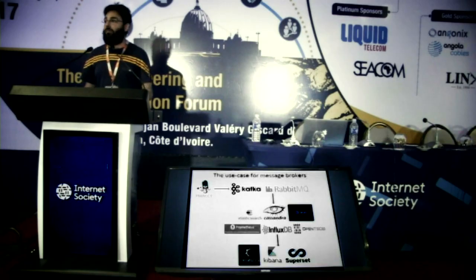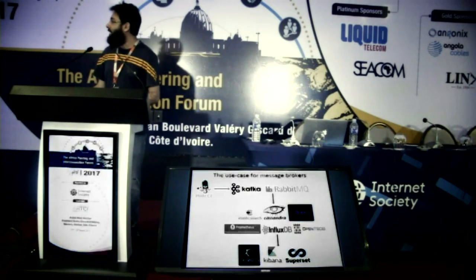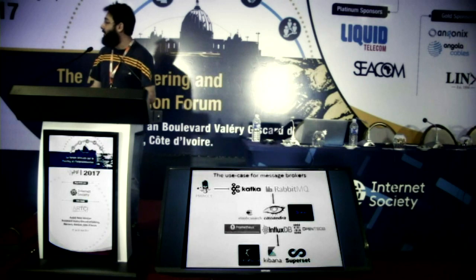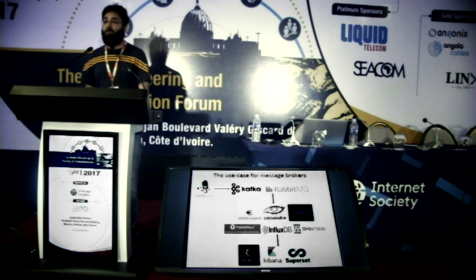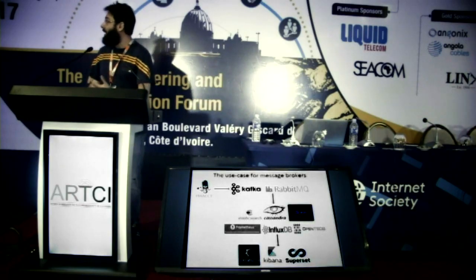So the use case would be to get access to a number of databases. Some are mentioned over here, and some of them are very well known, like for example Elasticsearch or InfluxDB, right? And so the idea would be that all of these databases have modules to ingest data from a broker.